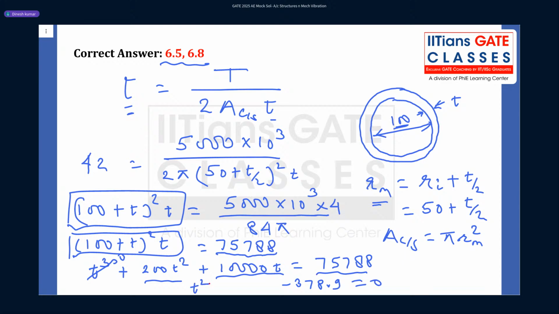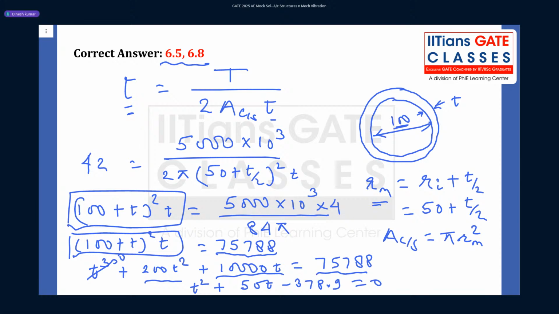It is t square plus 10,000 divided by 200, so it is 50. Now, can anyone tell quickly the answer from this? I just want to know. Vishal, this t square plus 50t minus 378.9 equal to 0.